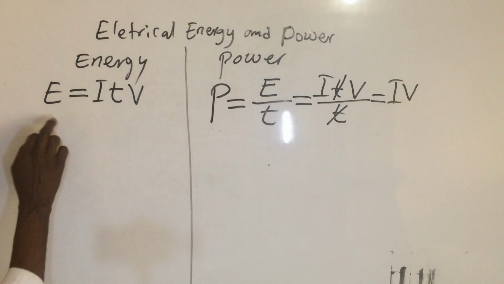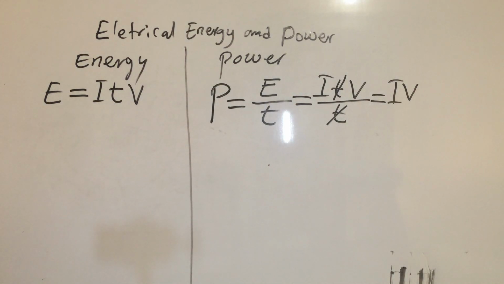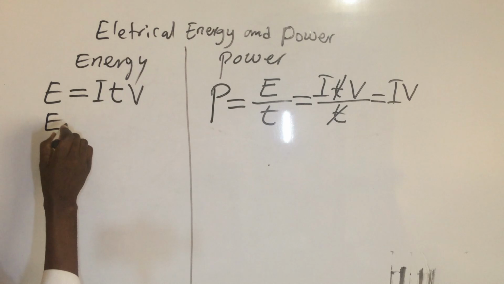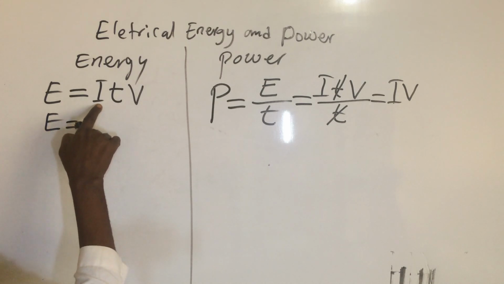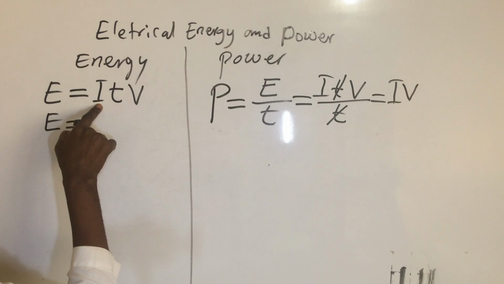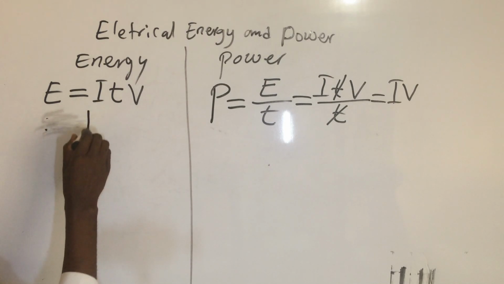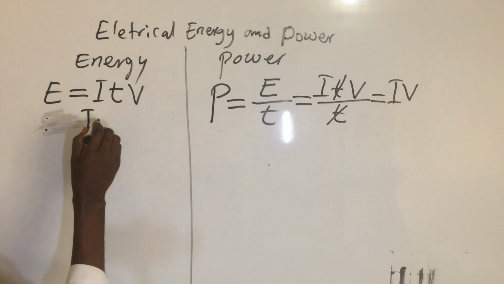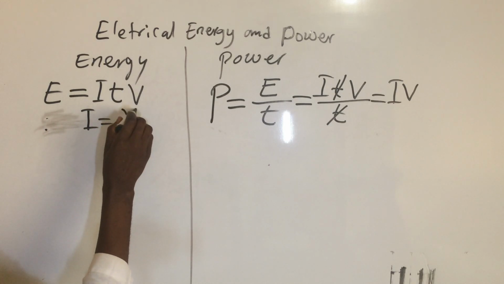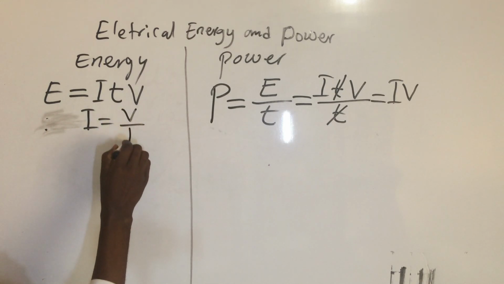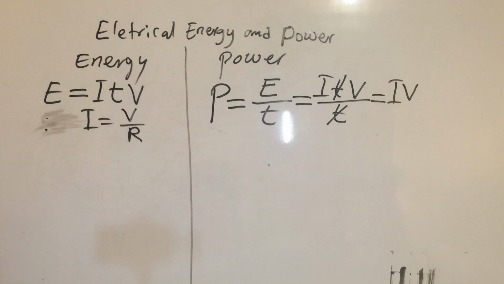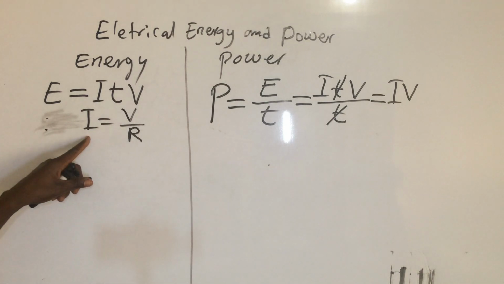Now, coming to this place, this is electrical energy. And we know that current has its formula: current equals voltage over resistance. That is the formula of current.